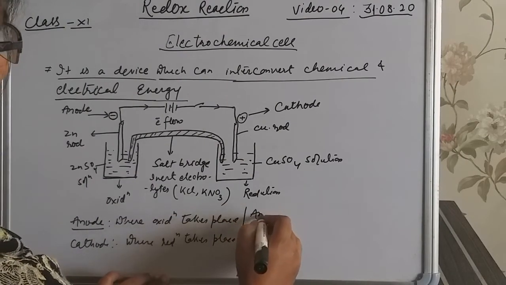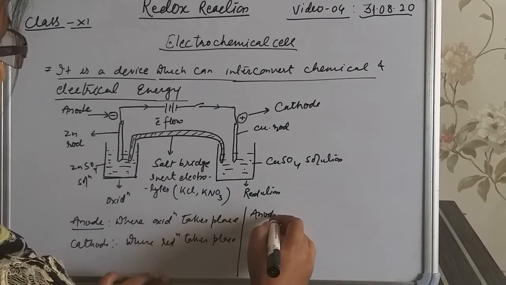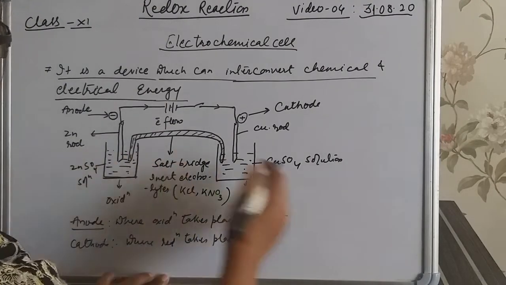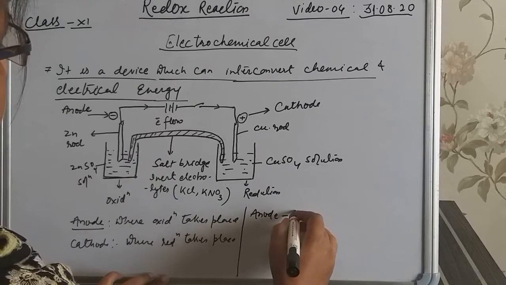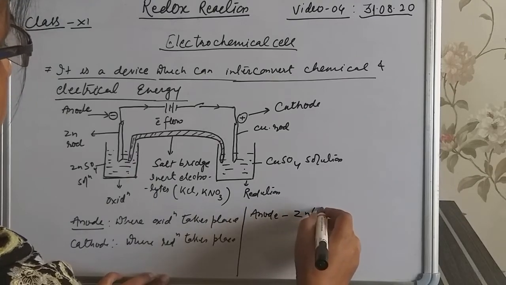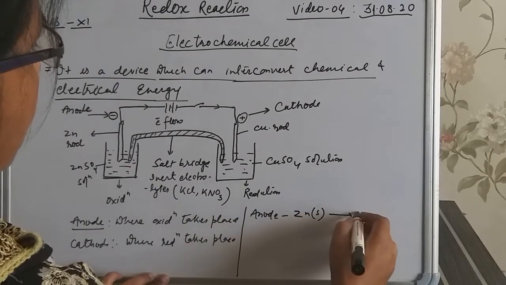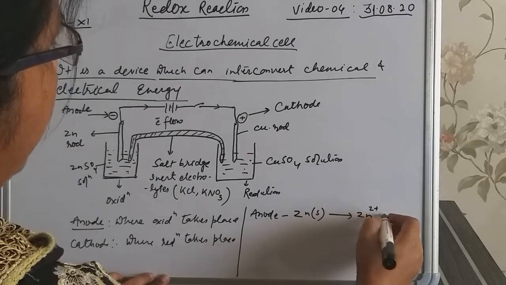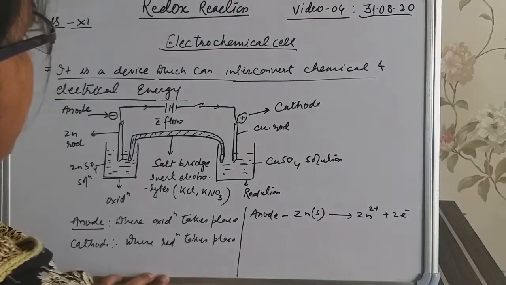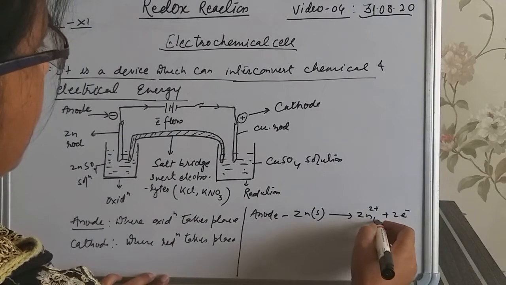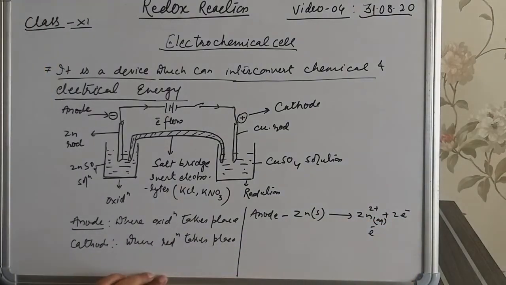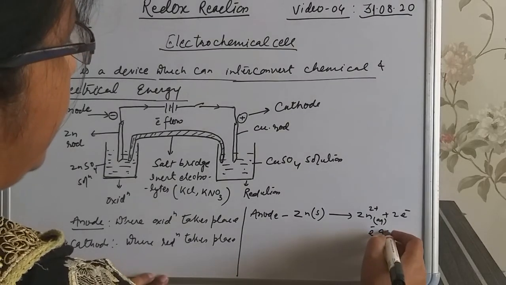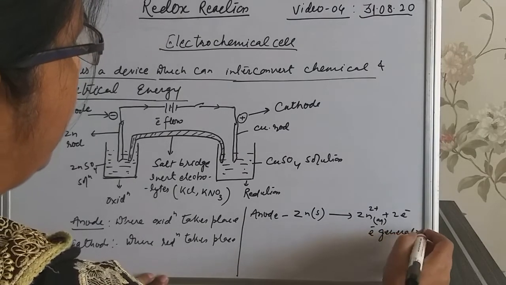Let's see. At the anode there is a zinc electrode. Zinc in the solid state goes into solution as Zn2+ in aqueous form and loses 2 electrons. Here the electrons are generated.